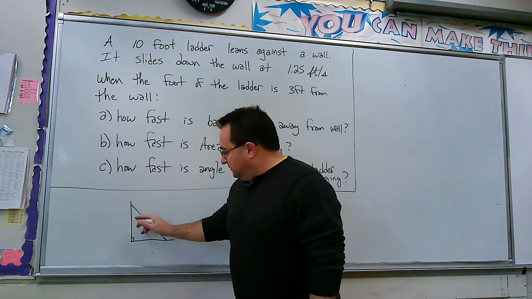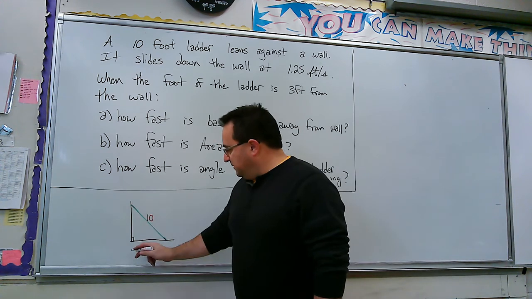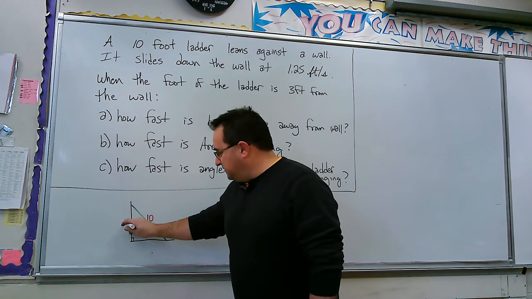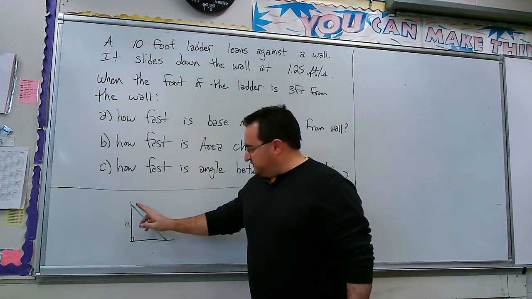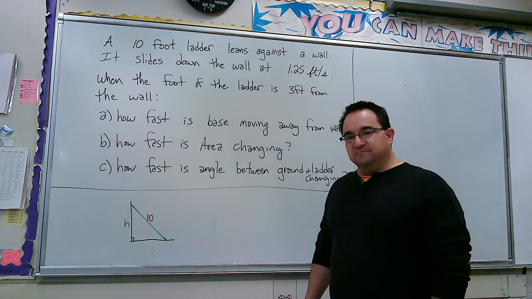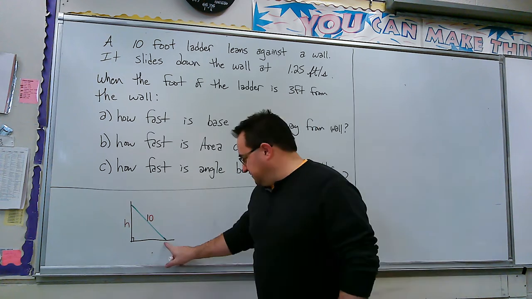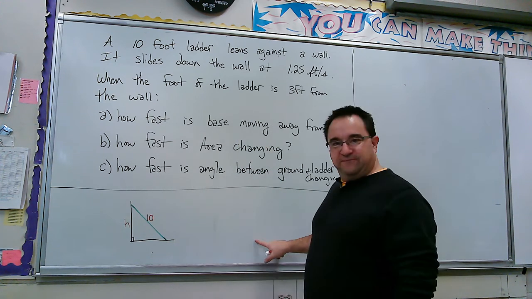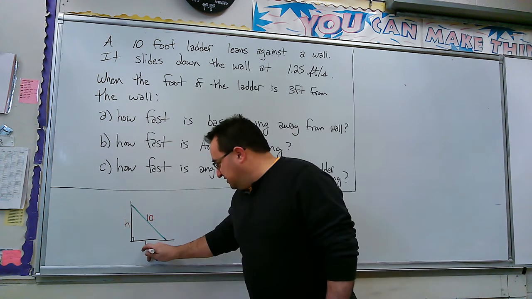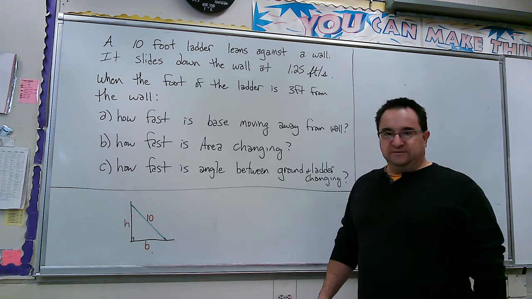This tip of the ladder is a certain height off the floor, and that is not constant. If it's falling, that height is changing, and I'm going to call that h for height, and I'm going to use a variable. Also, the base is moving away from the wall, and that is changing, so I'm going to call that b for base.